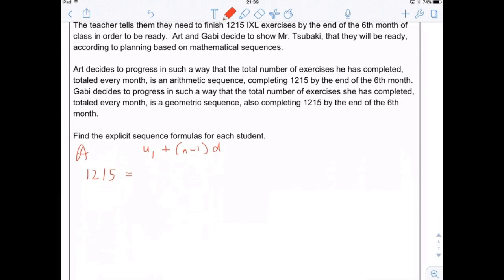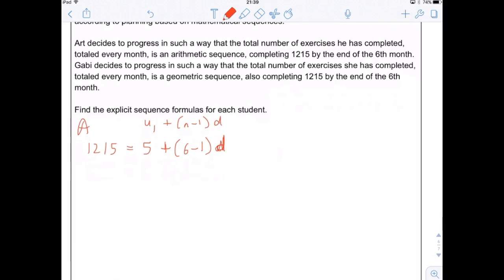He does 5 on the first month. And then in the 6th month, he wants to do 1,215. So what is his common difference? How many exercises every month does he need to increase in order to get to 1,215?